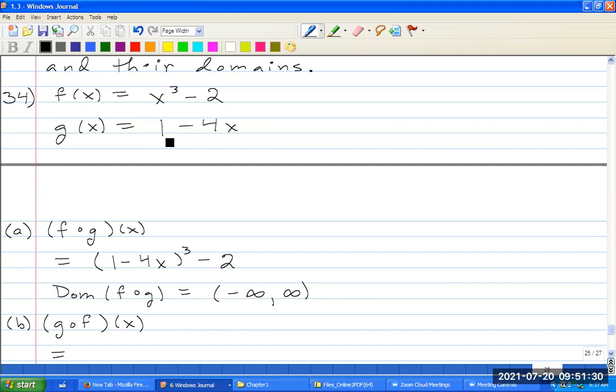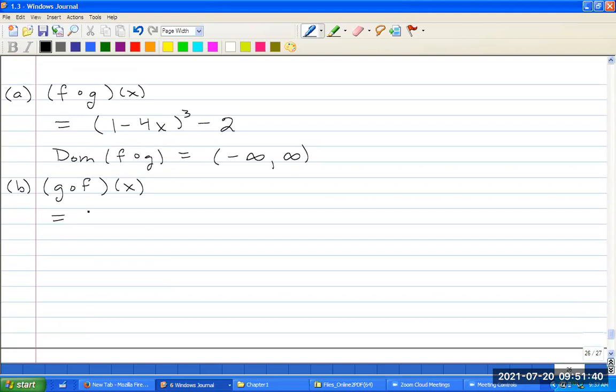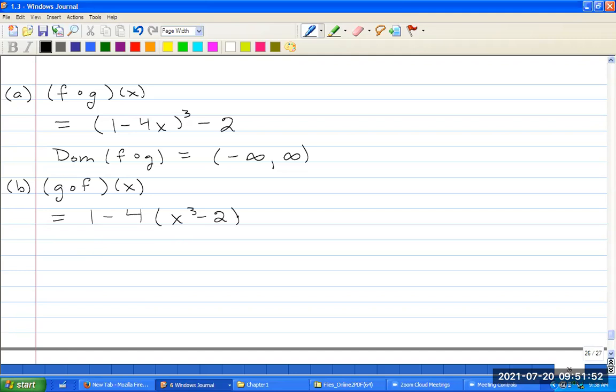So my answer will just be this, where I replace this X by X cubed minus 3. So it's 1 minus 4 times X cubed minus 3. And that's your answer.